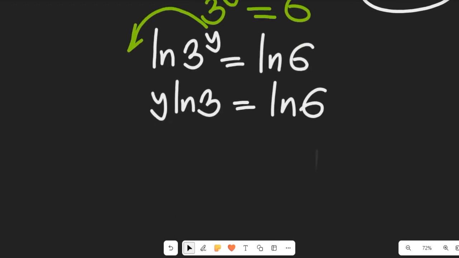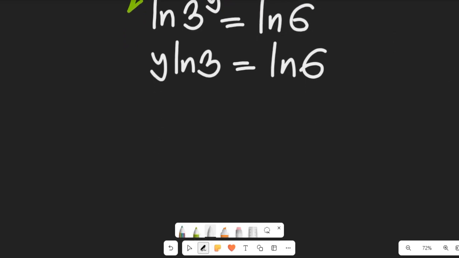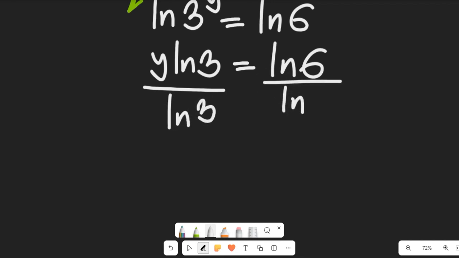Having seen this, we're going to divide both sides by the ln of 3. Then the ln of 3 will clear the ln of 3.